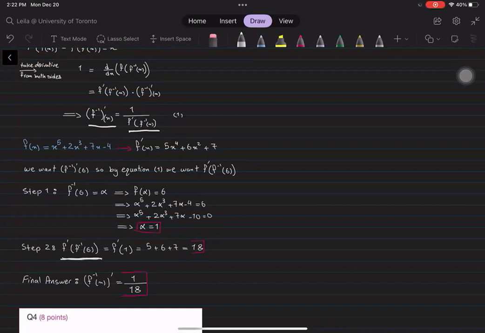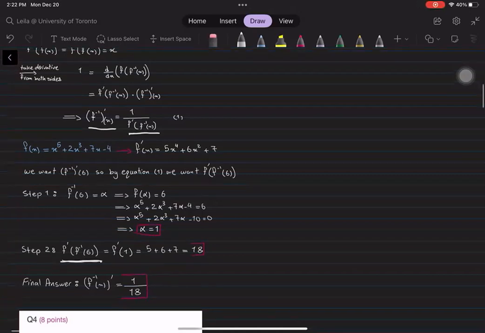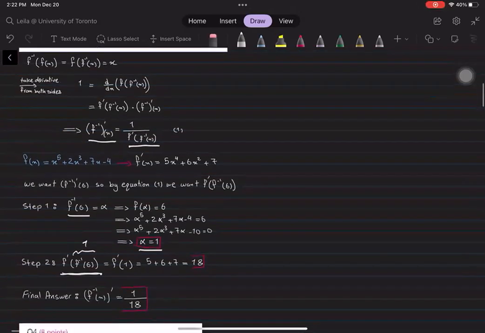Then you found that your alpha is equal to 1. That means your f inverse of 6 is equal to 1. So that's why I put 1 here. And then I just substituted this into the derivative function. Does that make sense?